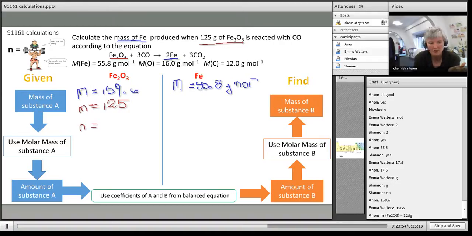So you always work it down to the moles. If you don't know what to do, calculate moles. Okay, so it's going to be 125. Notice 125 is to 3 significant figures. So your answer will be in 3 significant figures. Divide that by 159.6 and you should have... oh, sorry, I've done the wrong thing.